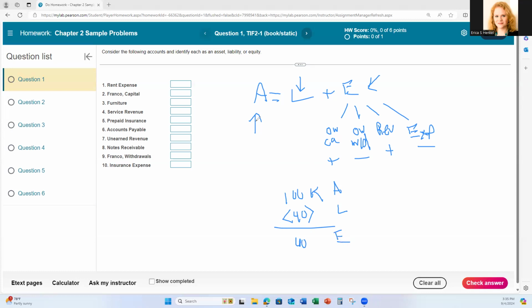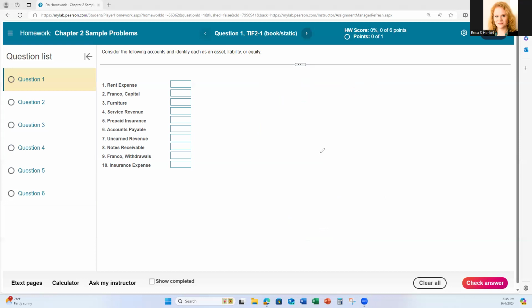Okay, so assets, future economic resources, liabilities are things we owe that require the use of future resources, and then equity is the ownership that is left over when we take into consideration our assets and liabilities.